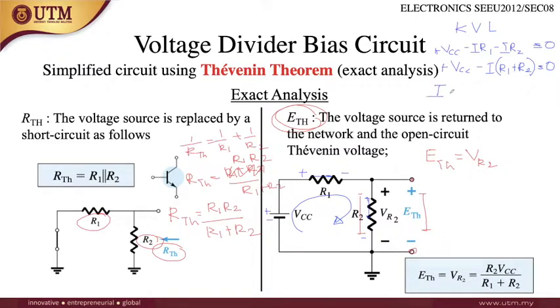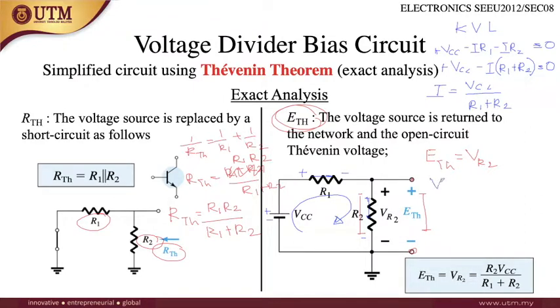Next, we can rearrange this. You will get the value of I equals VCC over R1 plus R2. Now we can find the voltage at VR2.